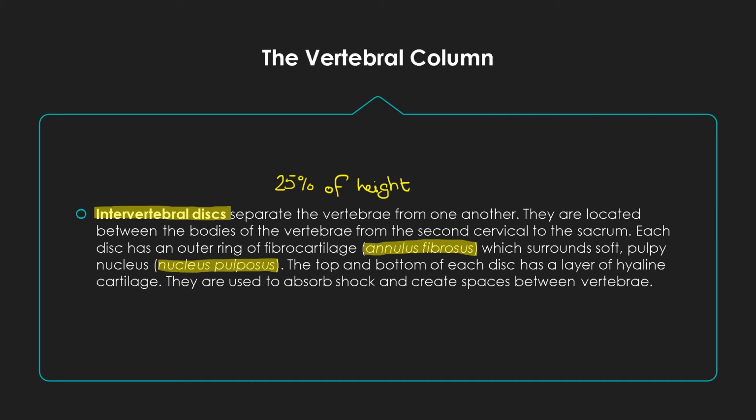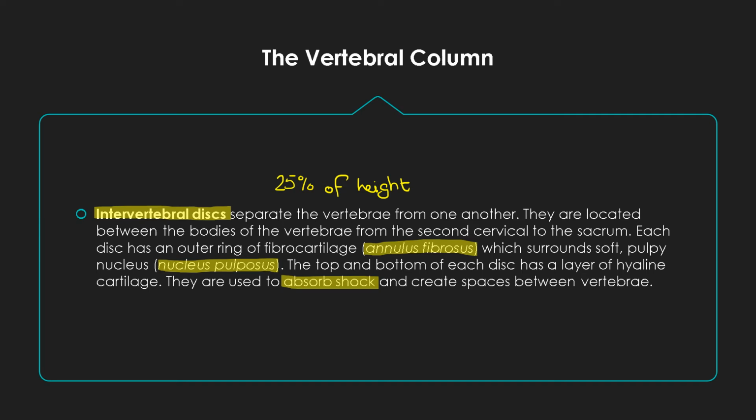These discs form really strong joints, and they permit various movements of the vertebral column, and they also absorb a lot of shock. Under compression, they flatten and broaden.